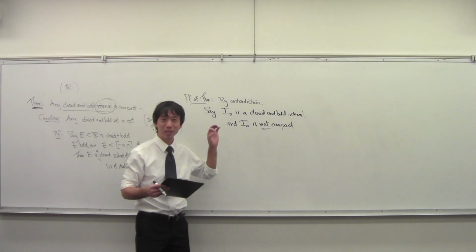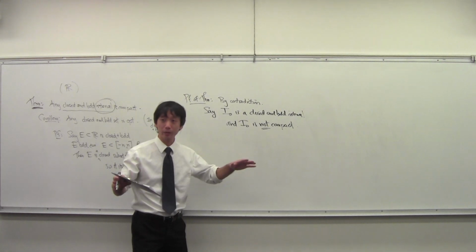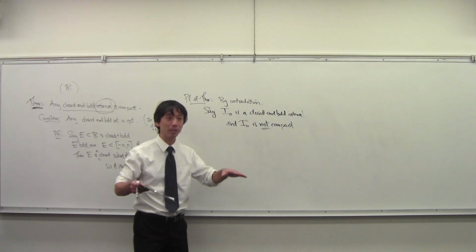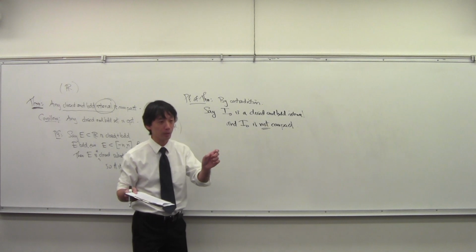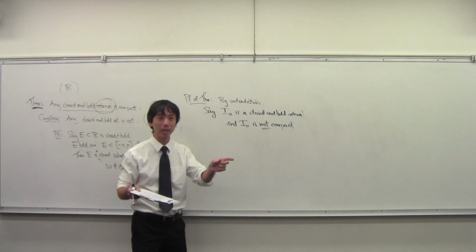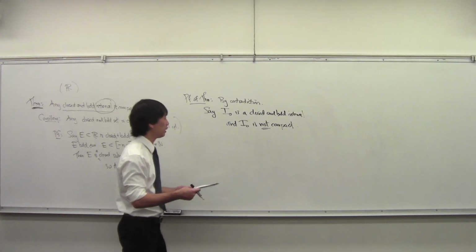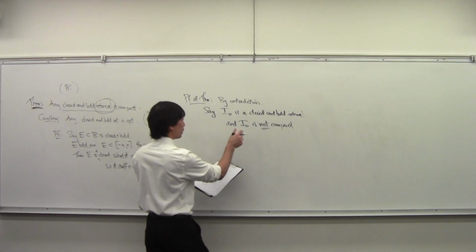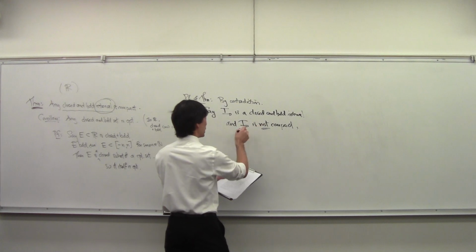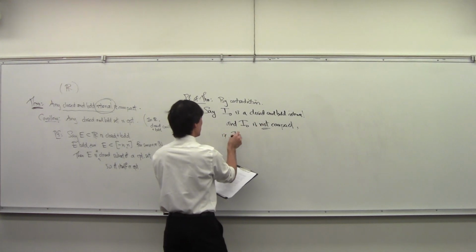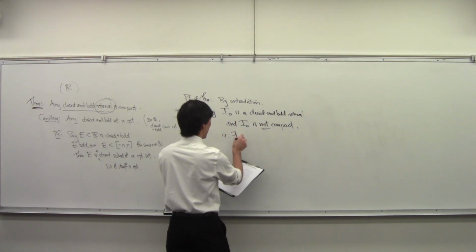Remember, being compact means that every open cover has a finite subcover. Being not compact means that fails. So there's at least one bad cover that doesn't have a decent finite subcover. So suppose this guy's not compact, that is, there exists a bad open cover.